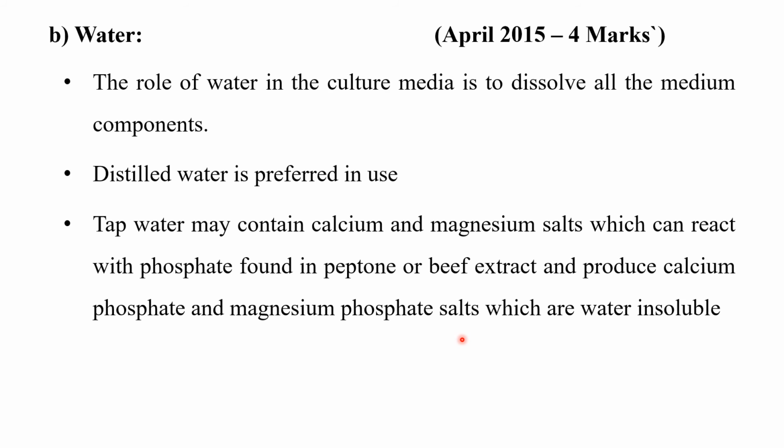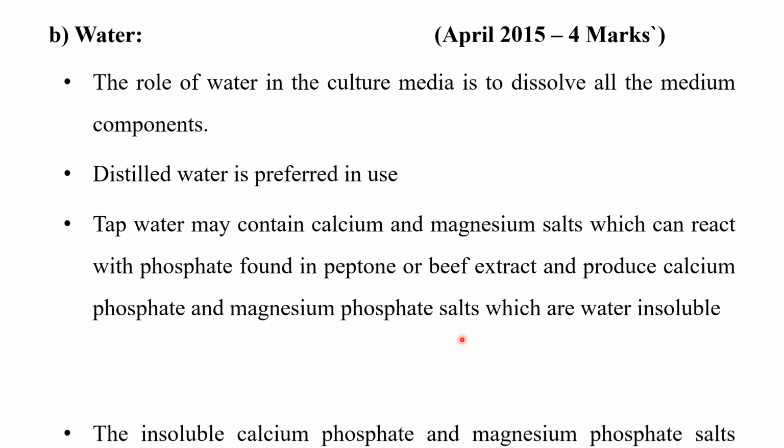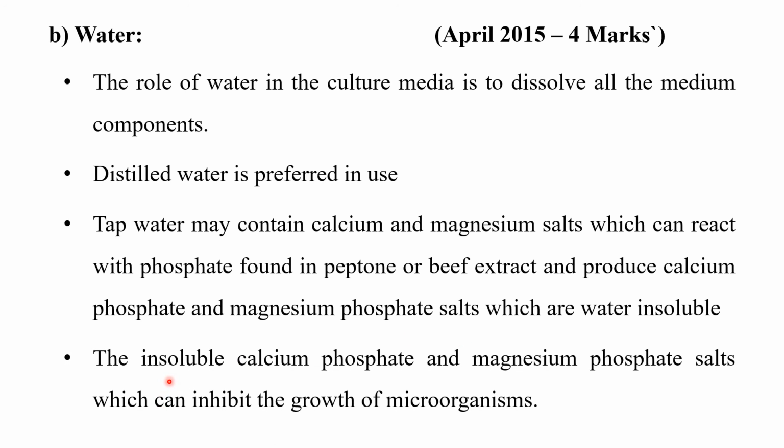These salts are water insoluble, and therefore if we prepare the media using tap water, precipitation reactions will take place. Once formed, this insoluble calcium phosphate and magnesium phosphate inhibit or prevent the growth of microorganisms.